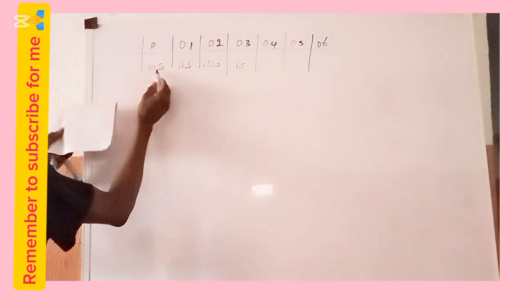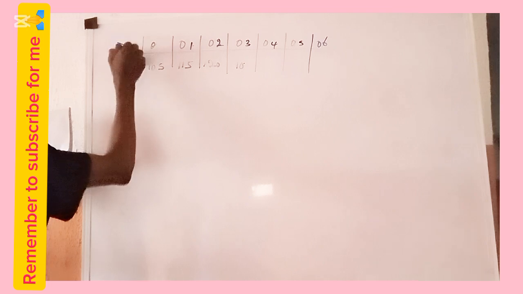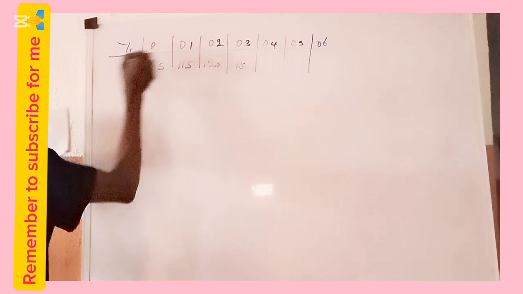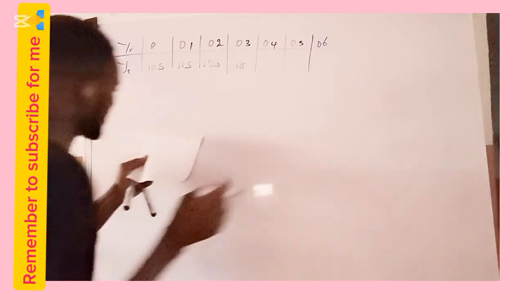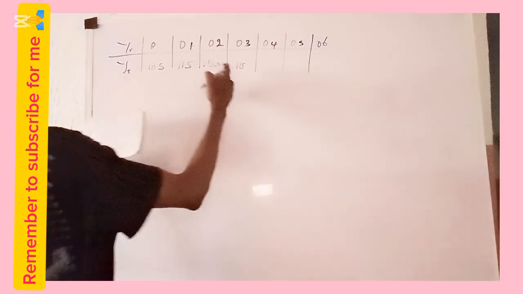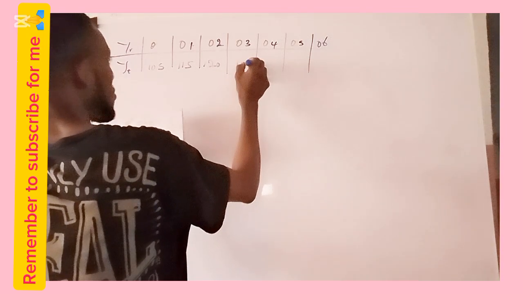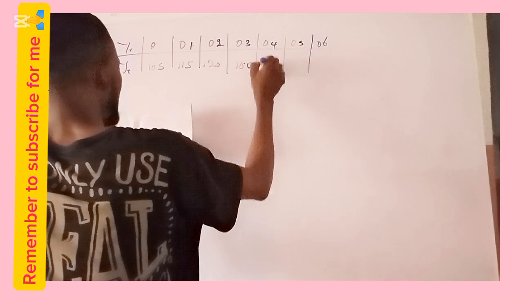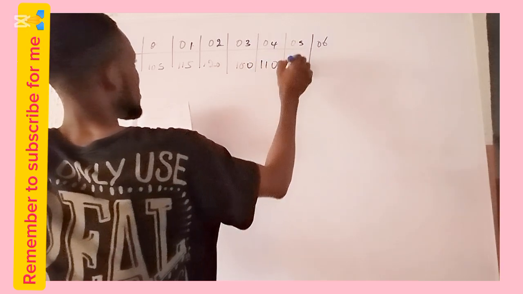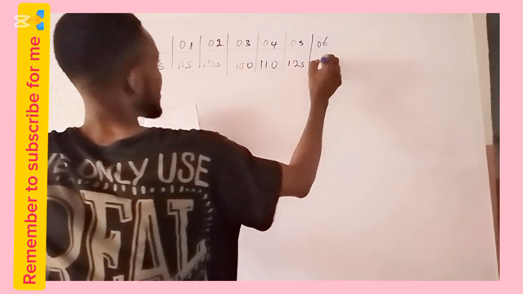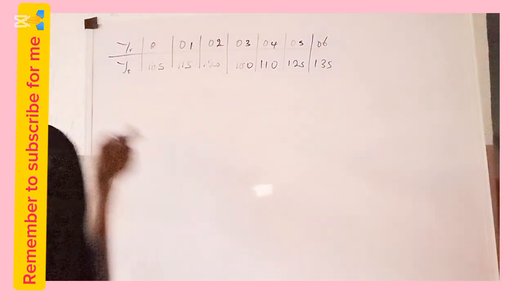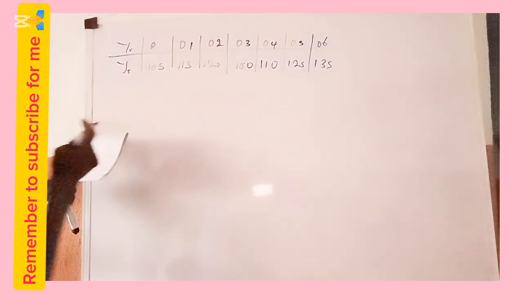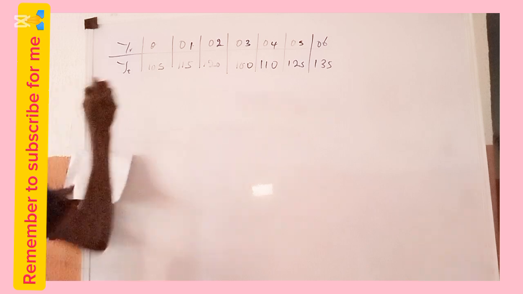This is my Y of T, referring to the observations. My O3 now is 100. This one is 110, this is 125, and this is 135.